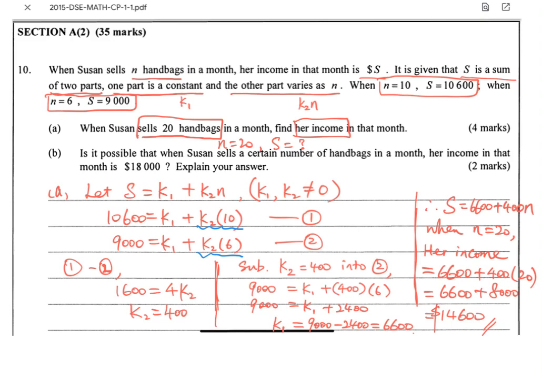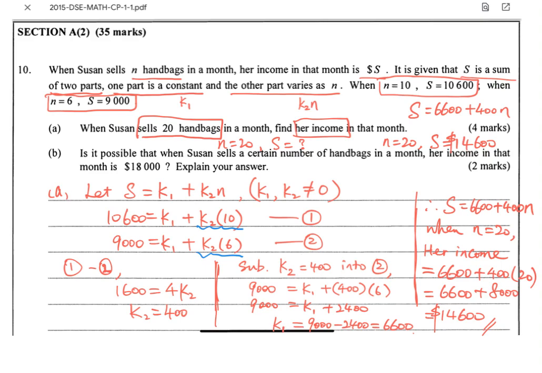Okay, now after part A, we move to part B. Let me just copy down the relationship. S equal to 6,600 plus 400n, and in part A, when n equal to 20, then S will be $14,600. Okay, the income.